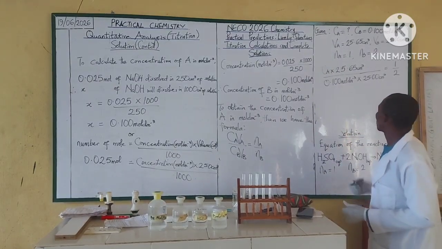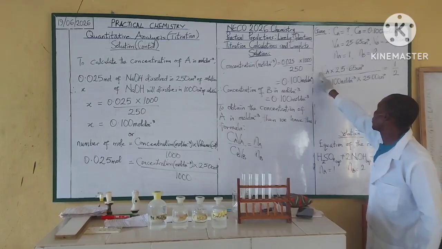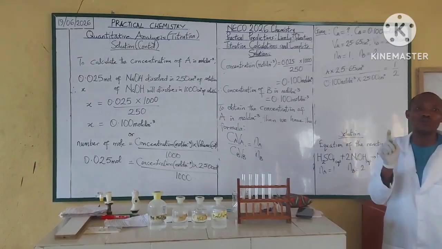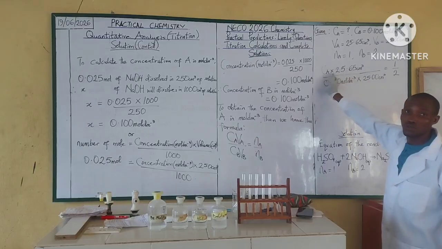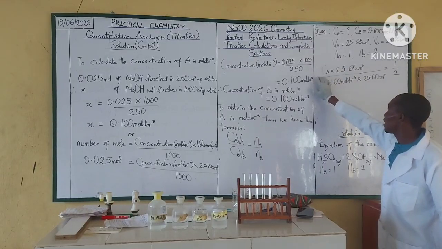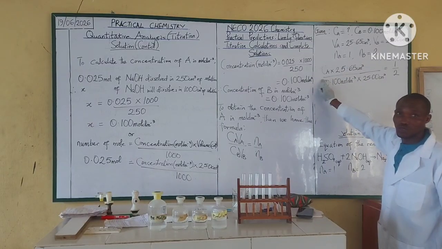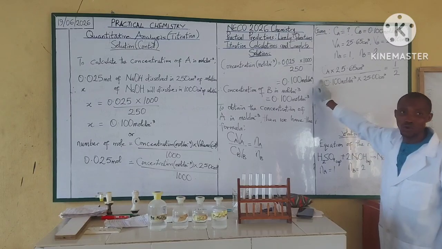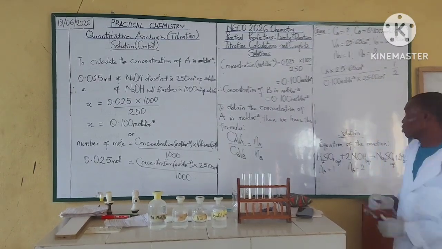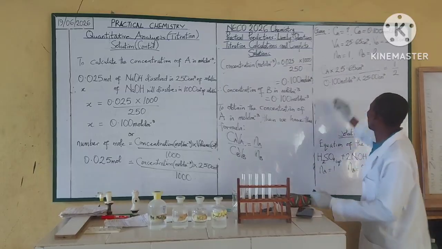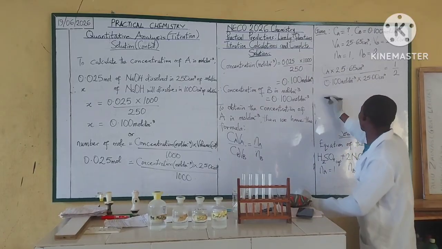Having obtained this, we can make CA the subject of the formula. It is compulsory that you show the substitution, especially this aspect. If you don't show it, you lose your mark, in spite of what you have presented ahead. Then you now make CA the subject of the formula.